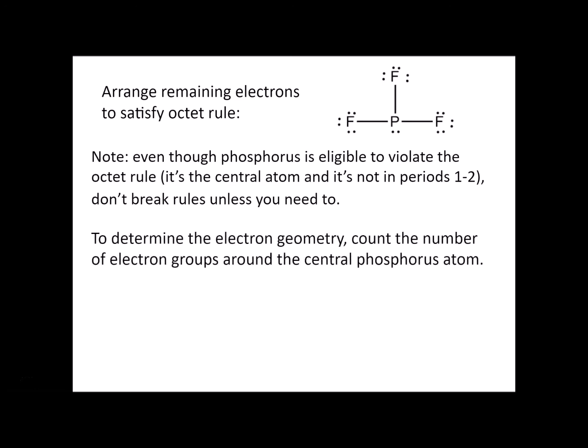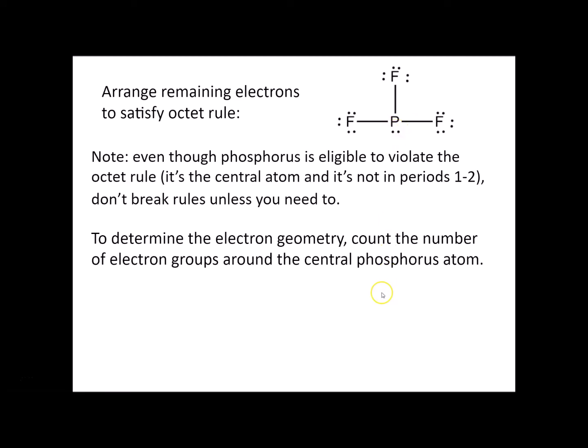Okay, back to chemistry. We're going to determine the electron geometry by counting the number of electron groups around the central phosphorus. So if we go to our beautiful Lewis structure and focus in on the central phosphorus, I see single bond number 1, single bond number 2, single bond number 3, and then a lone pair of electrons.